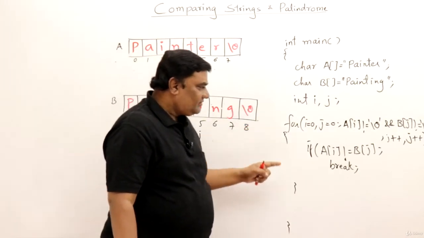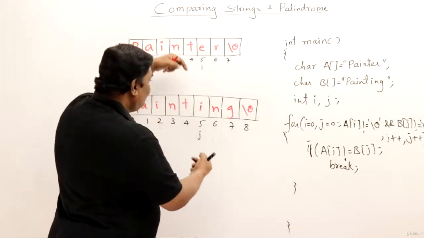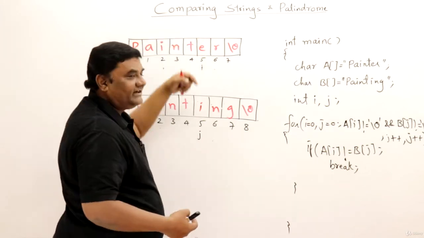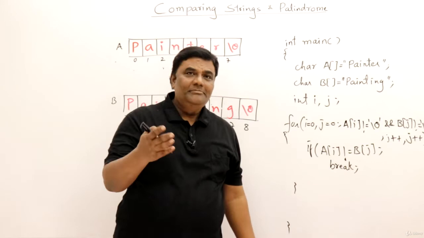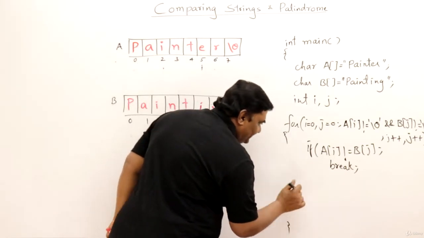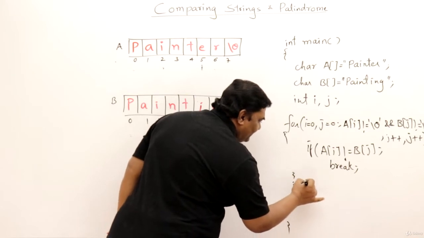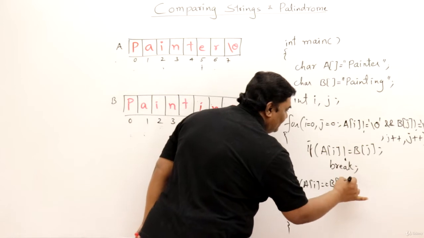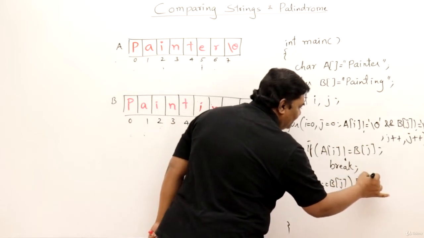Then after coming out of the loop, I should see whether they are equal wherever i and j are pointing, or the first one is greater or the first one is smaller. Based on that, I should display a message. So here I will write down the code for that. If A of i is equal to B of j, print equal.